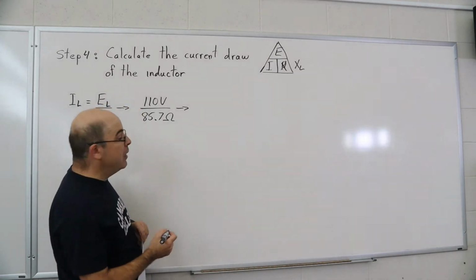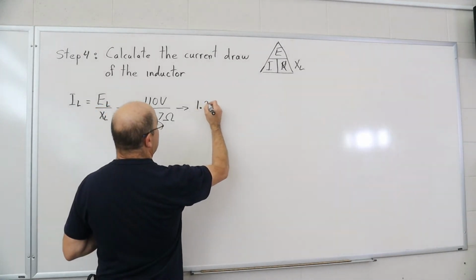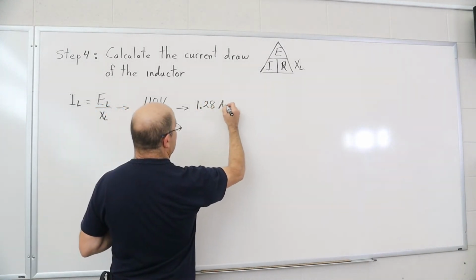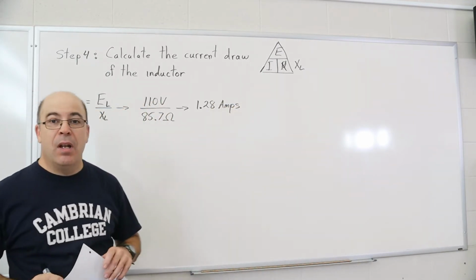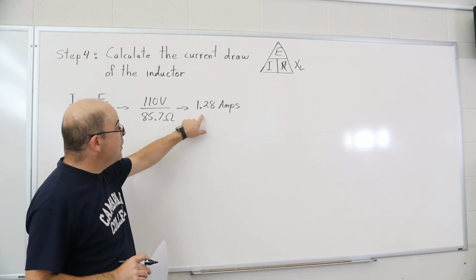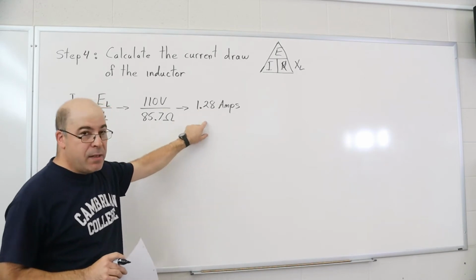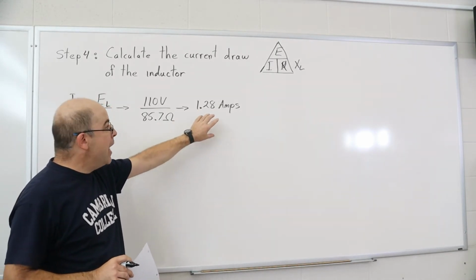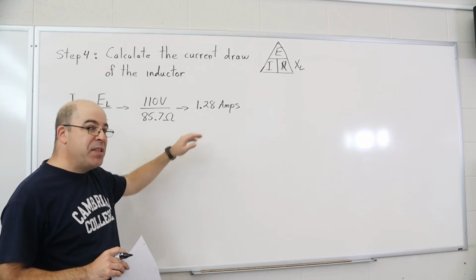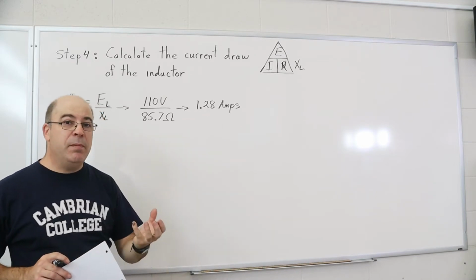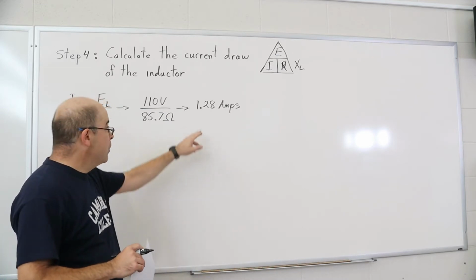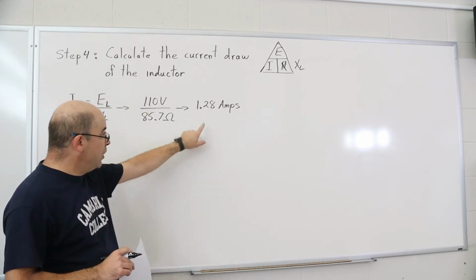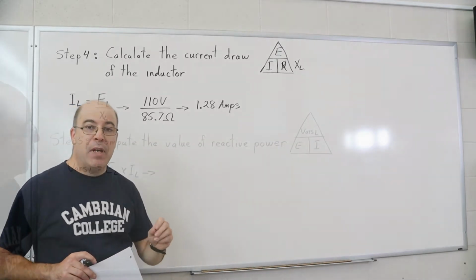You should get, for an answer, 1.28 amps. Now, while I have this value still in the display of my calculator, I want to proceed to jumping to step 5, which would be to calculate for the value of reactive power using the applied voltage and the current. So I'm going to be right back.